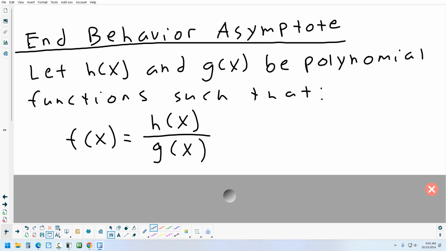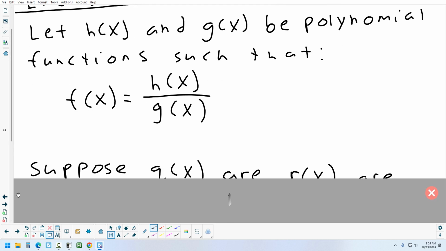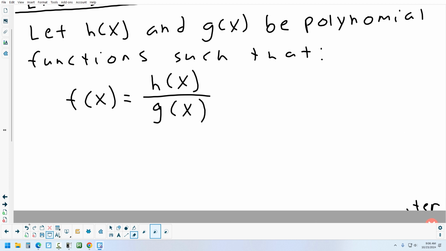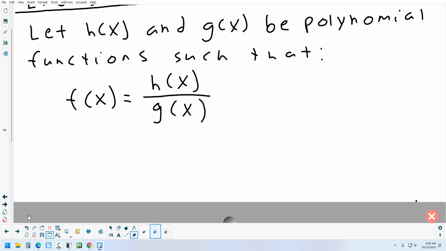Just say h of x is in the top, g of x is in the bottom. Okay, when you divide those 2 things with long division, there's 2 parts to your answer. What do we call the 2 parts? Quotient and remainder. Yep, and the quotient is the EBA. That's all you have to do.